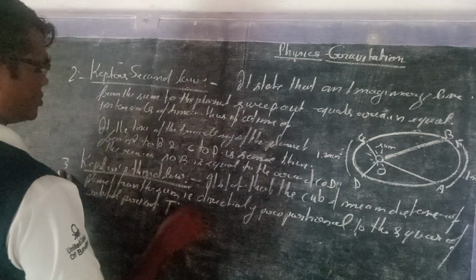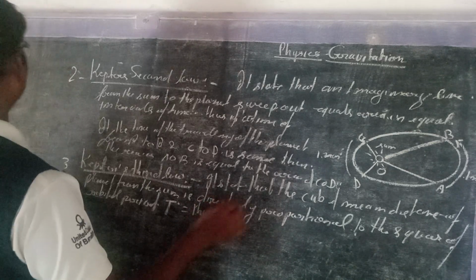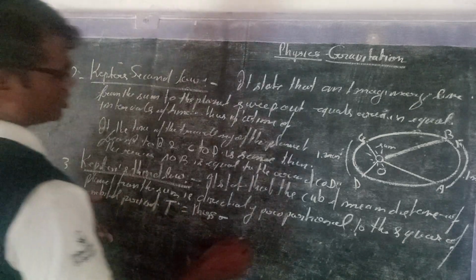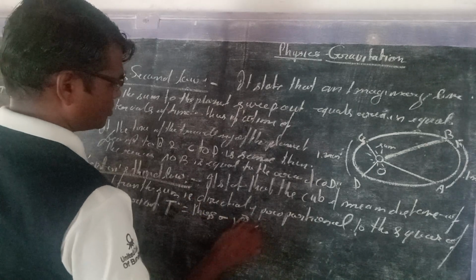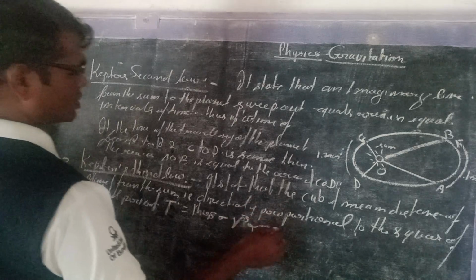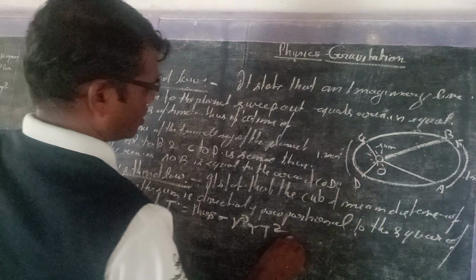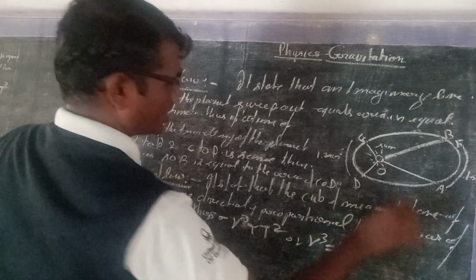So we can write here: R cubed is proportional to T squared. So R cubed is equal to K T squared.